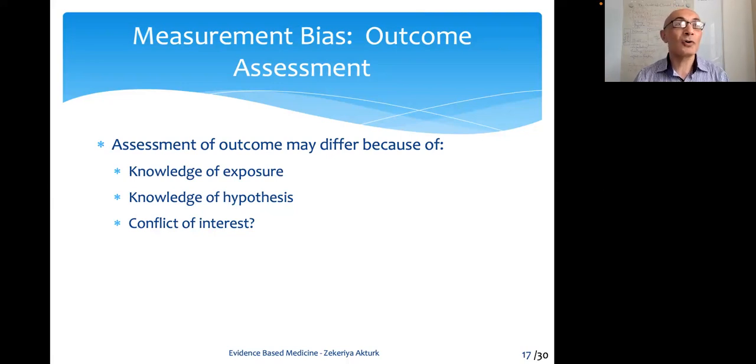If your work was funded by a drug company and you are studying a medication which is sold by this drug company, you have some conflict of interest. You are biased. We should not trust scientists, or we should be more skeptic for scientific work if it is funded by an interest group.